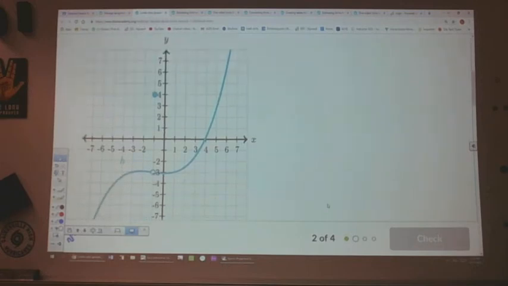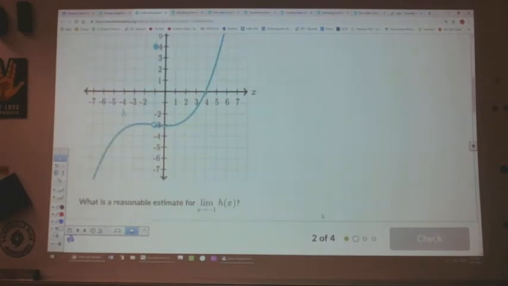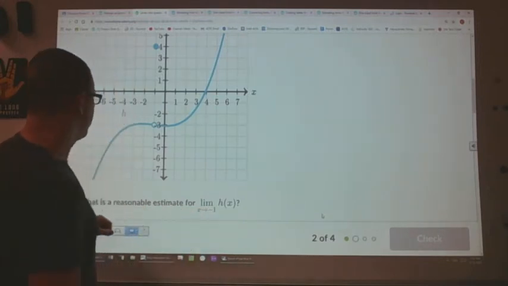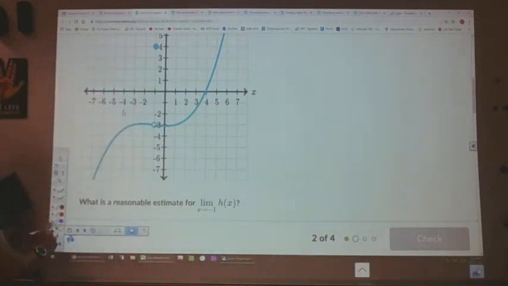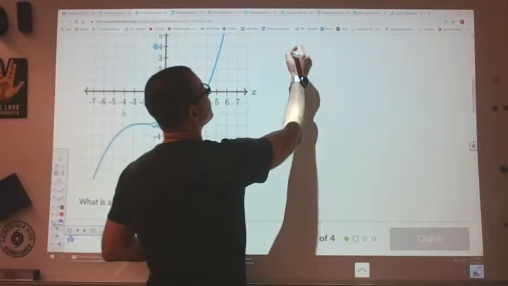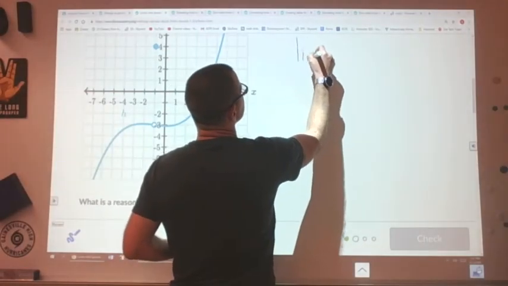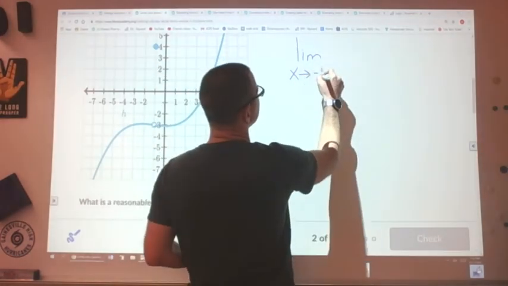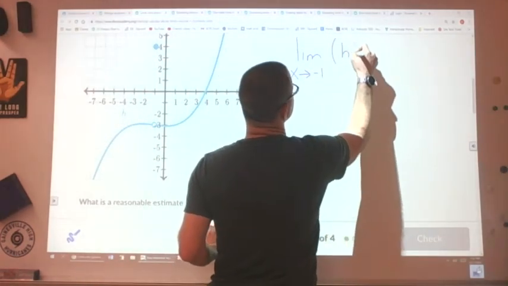Now, here's the function h, defined at all numbers. We want to find the limit as x approaches -1 for h of x.